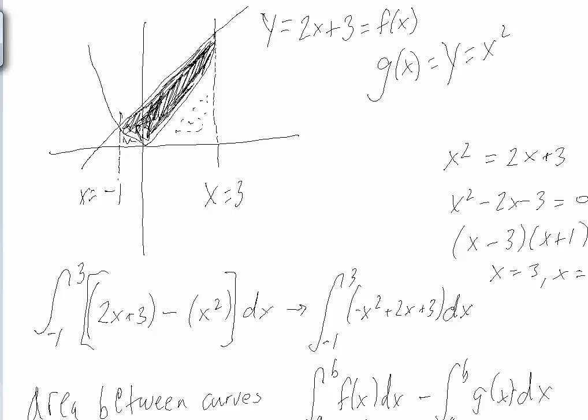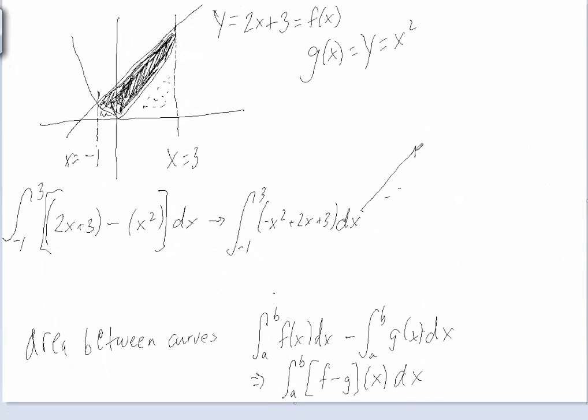Now, I'll clear a little bit of this out over here and solve this. So the antiderivative of negative x squared plus 2x plus 3, we're going to get negative 1/3 x cubed plus x squared plus 3x.